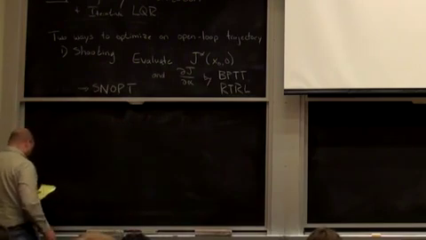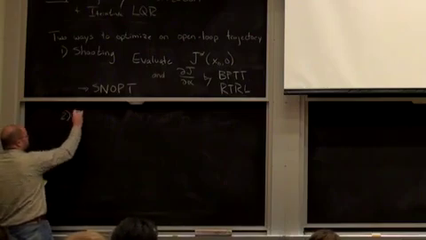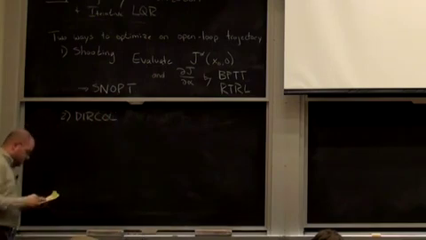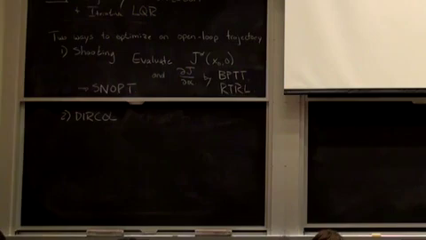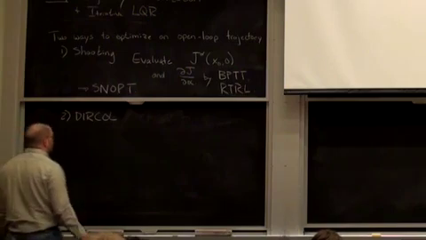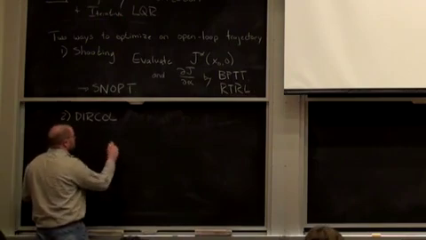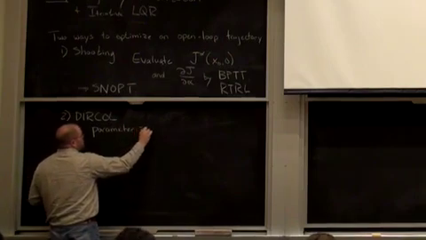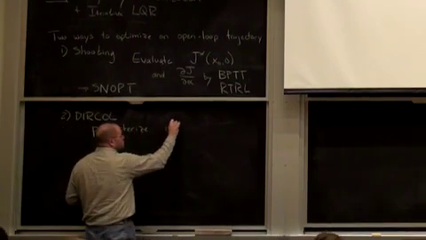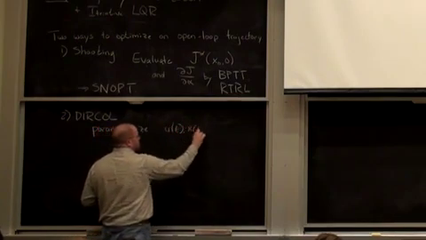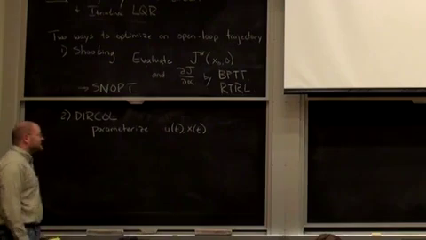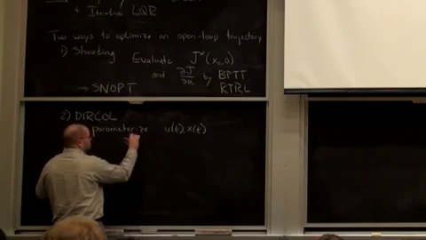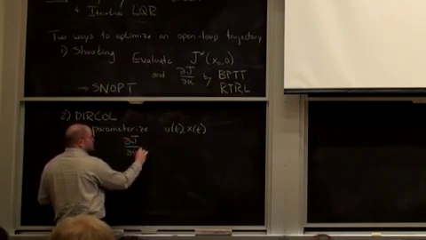And the second method, remember, was a direct collocation method, which we often abbreviate as DIRCOL. And the big idea there was to over-parameterize our optimization with the open loop trajectory, but also the state trajectory, which makes coming up with gradients simple.